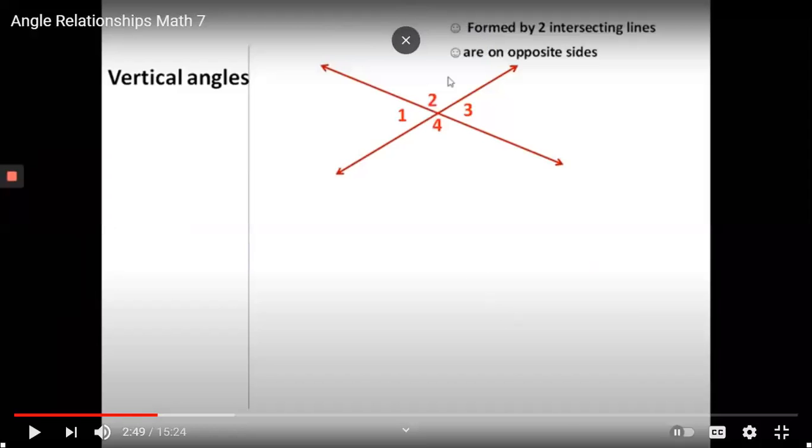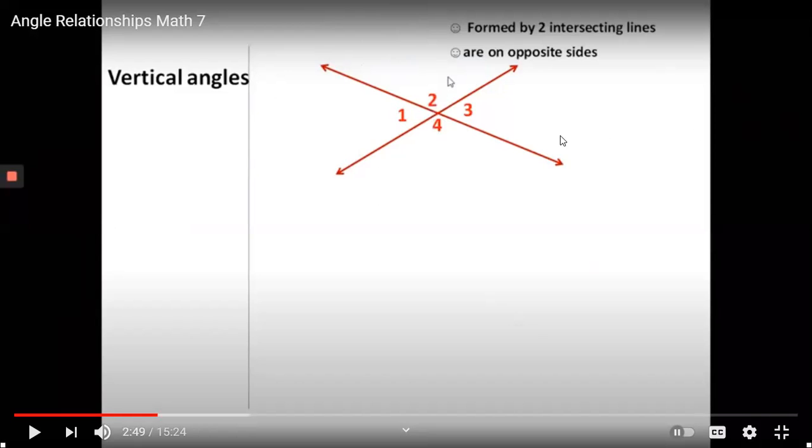So the third one is called vertical angles. How are vertical angles formed? They are formed by two intersecting lines. Which two angles will be equal in measure? Angle 3 will be equal to angle 1.